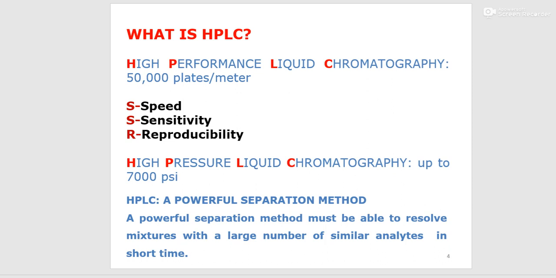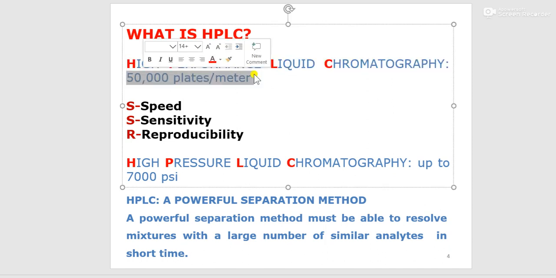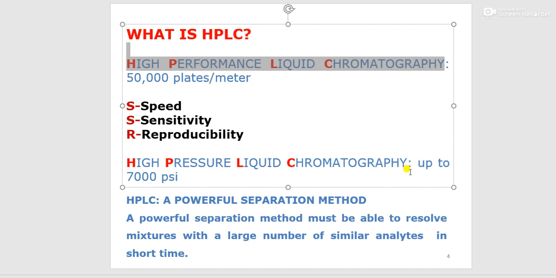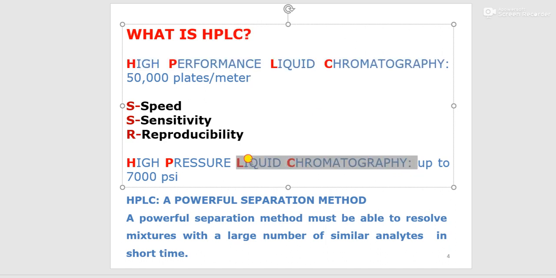What is HPLC? There are two meanings, or you can say full forms, of HPLC: high performance liquid chromatography and high pressure liquid chromatography. That means HPLC is also known as high pressure liquid chromatography as well as high performance liquid chromatography.